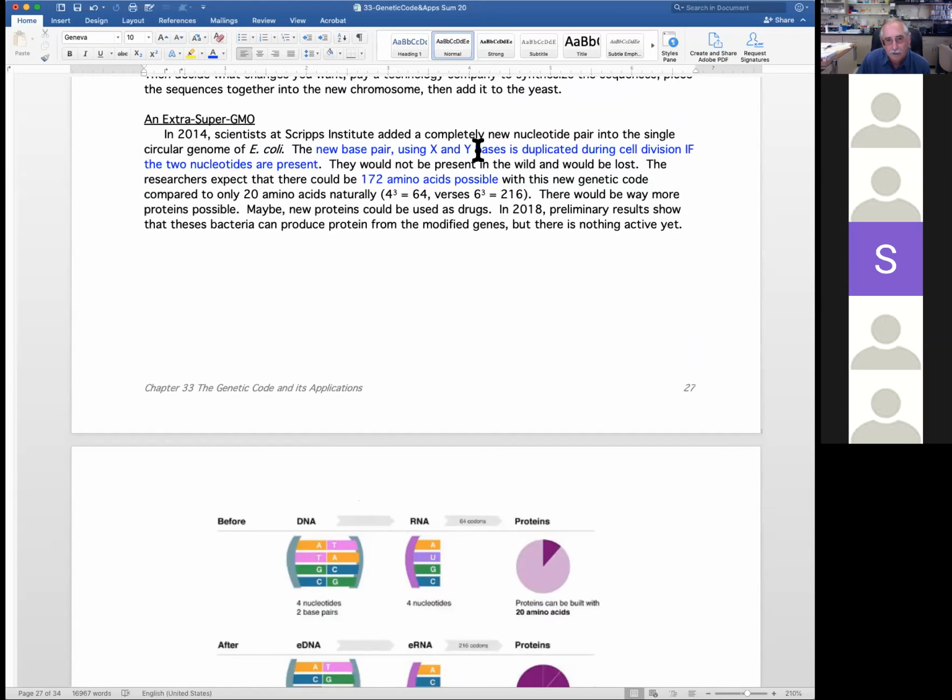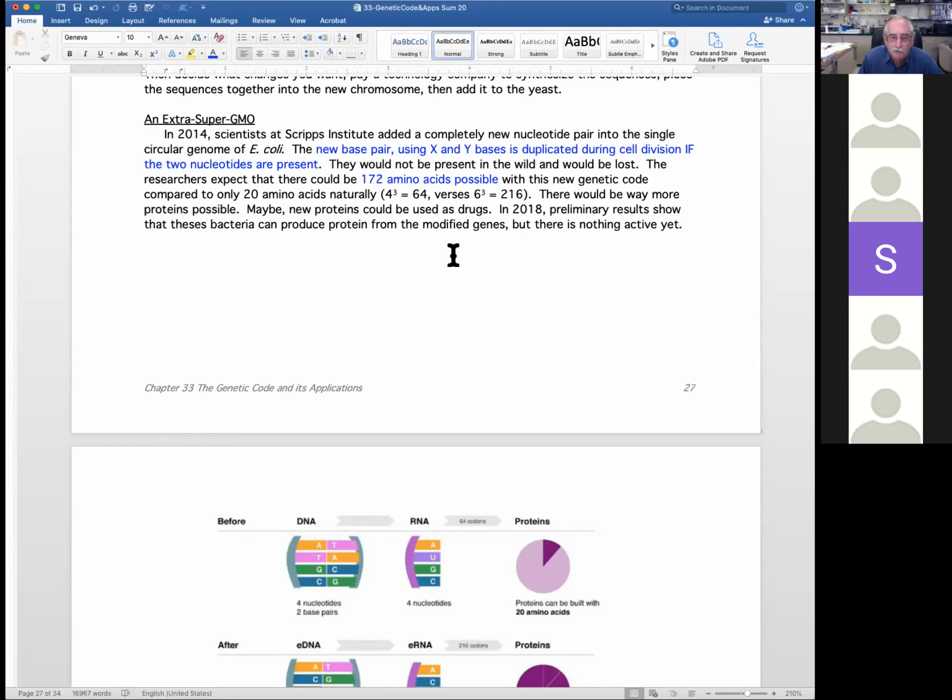And then now you have not 4 to the 3 because there's 3 codons. 3 bases in a codon, right? That's what we have with our existing DNA. But you got 2 more bases, which would give you possibly 216 different amino acids. It's like, what the heck?